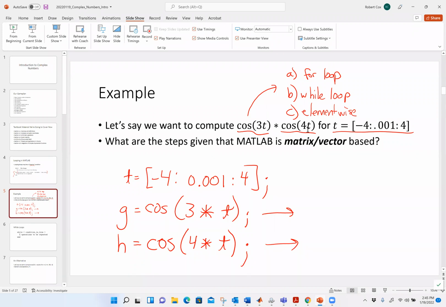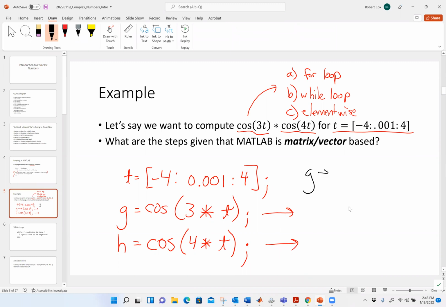Declare another variable just to multiply both G and H. So if I multiply G and H, G is a variable now that has a size of one row and 8,001 columns.